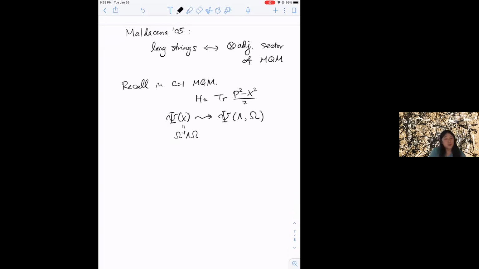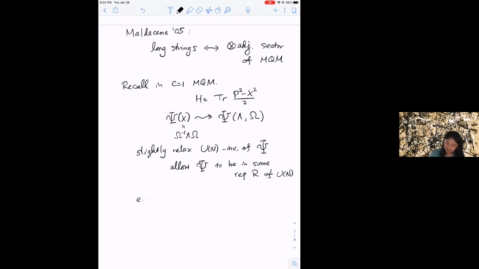But previously, we have assumed the wave function psi to be gauge invariant, UN invariant, so the omega dependence will drop out. But now we're going to slightly relax the UN invariance, or singlet condition, of psi, and instead we'll allow psi to transform in some non-trivial representation R of UN.